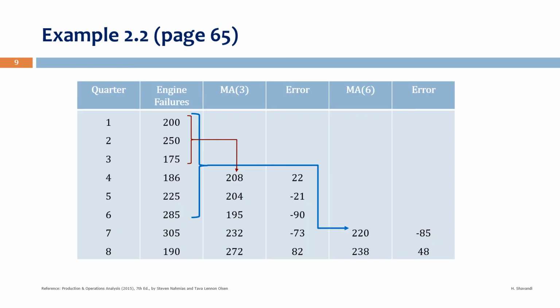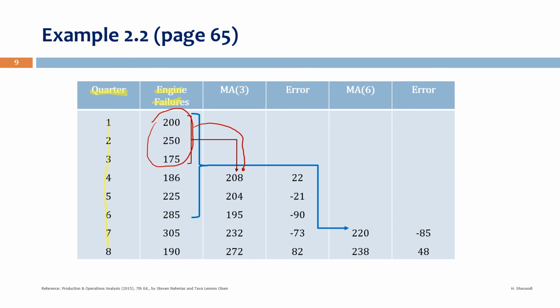Let's have an example here. Here we have the past 8 quarters, and also the number of engine failures. If we consider the moving average of 3 periods, then the first 3 periods will be used to forecast the failure for the next period, which will be period number 4.